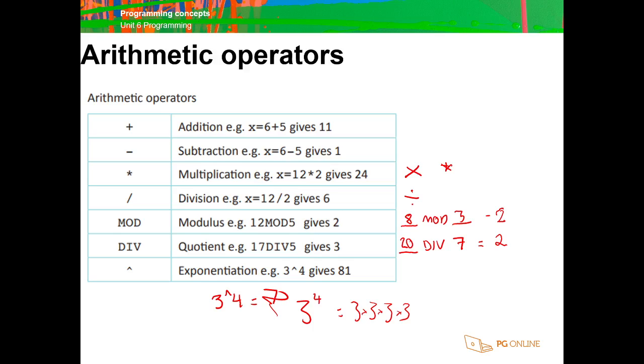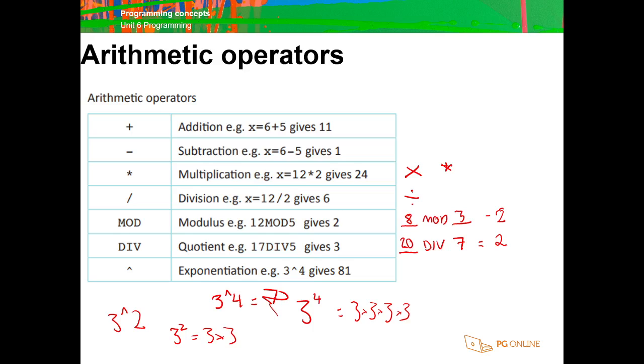That's just the symbol we use in programming, or we do use in our algorithms in OCR. So 3 exponent 2 is basically 3 squared. 3 squared equals 3 times 3.